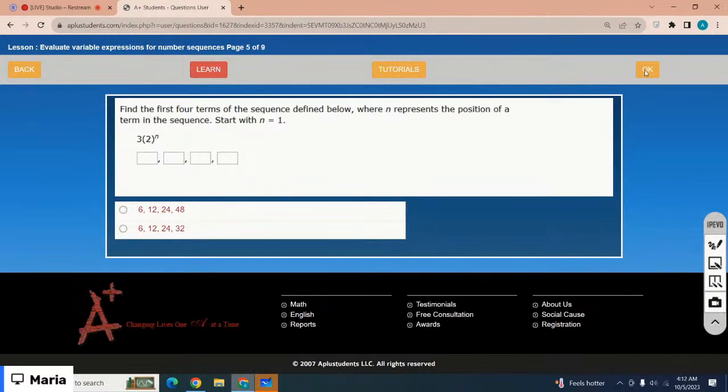Find the first four terms of the sequence defined below, where n represents the position of the term in the sequence. Start with n equals 1. So which is the correct option?